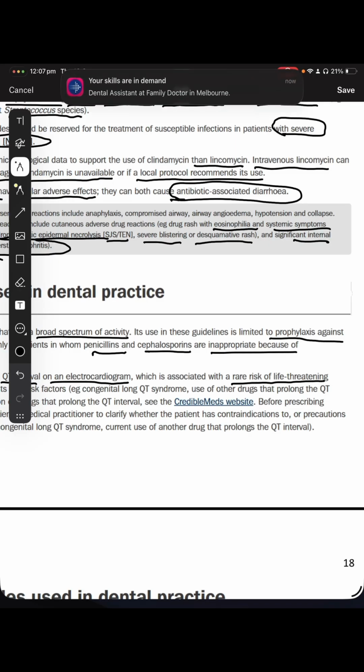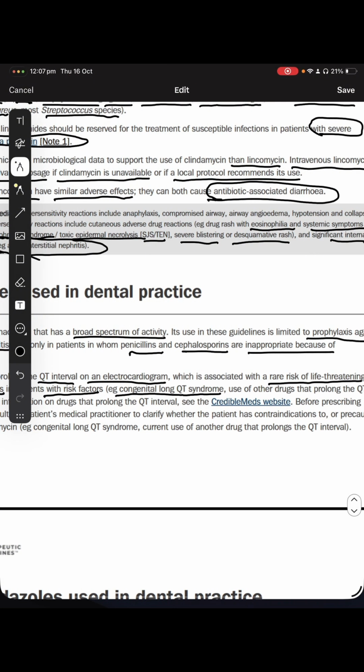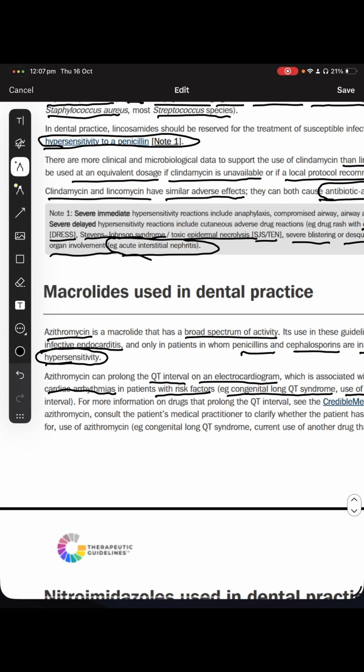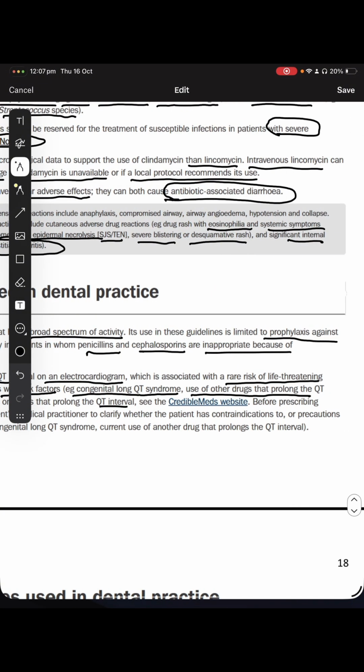risk of life-threatening cardiac arrhythmias in patients with risk factors, for example, congenital long QT syndrome, or if they are using any other drugs that prolong the QT interval. For more information on drugs that prolong the QT interval, we can see the Credible Meds website, not important from an exam point of view.